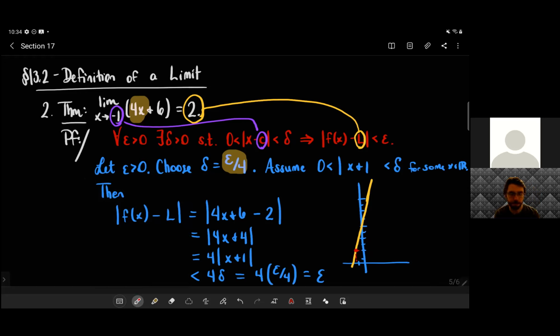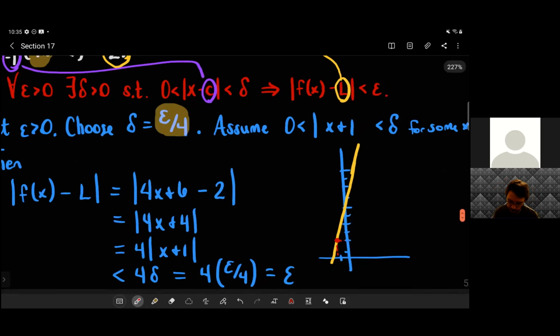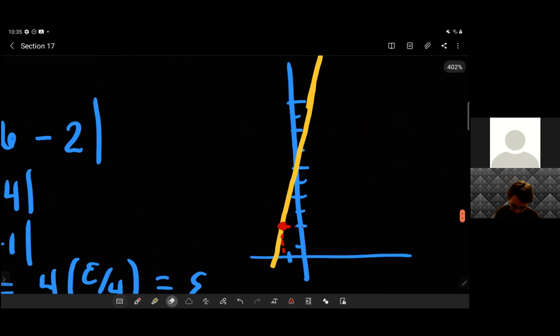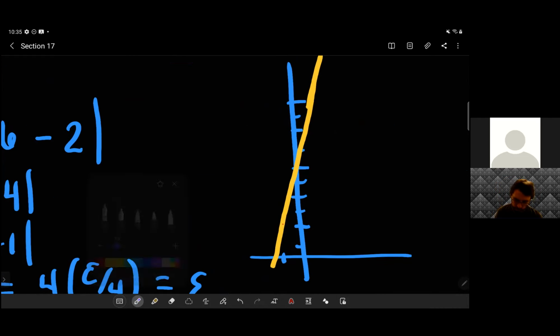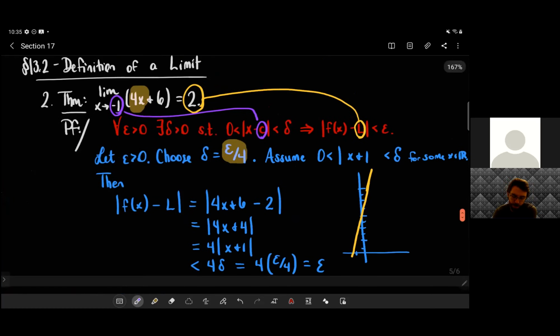I mean, you guys know from calculus, if you have some nice function like this, you can just plug -1 in and ta-da, you're done. But proving it amounted to what? Well, it amounted to saying, so let's zoom in a bit here, that if I start with some neighborhood, right?